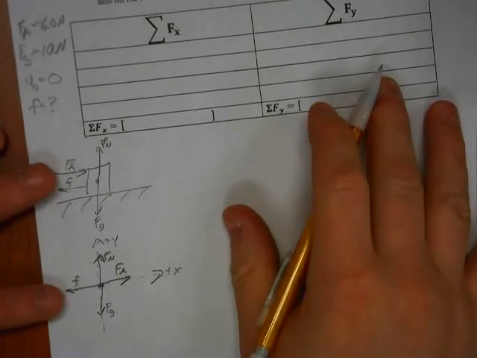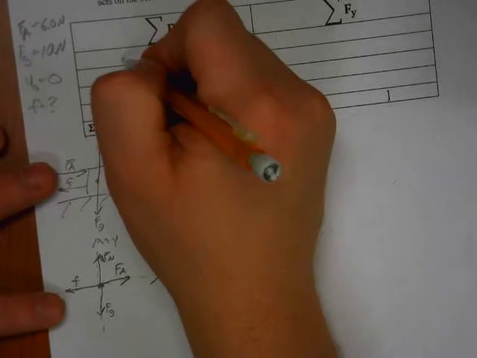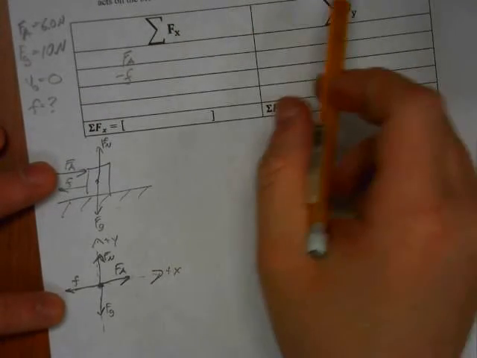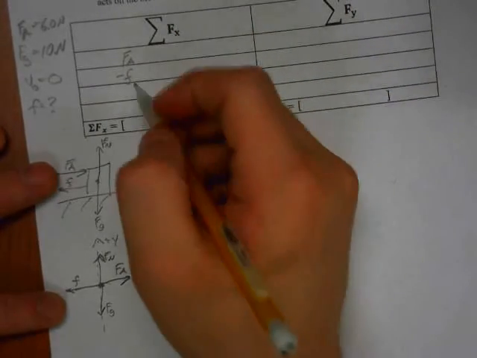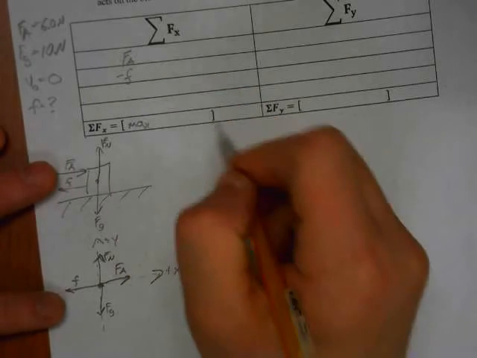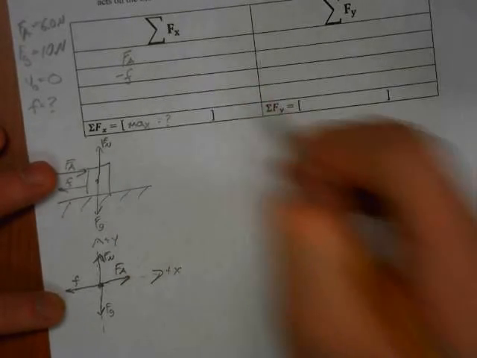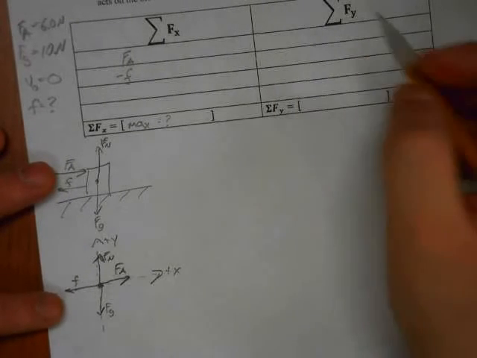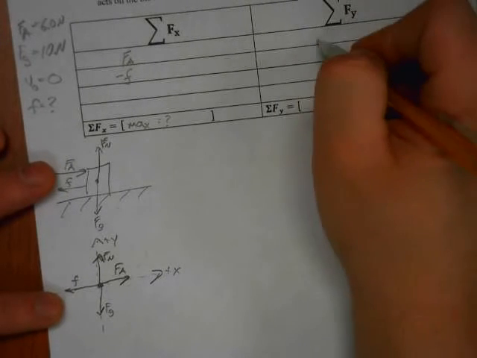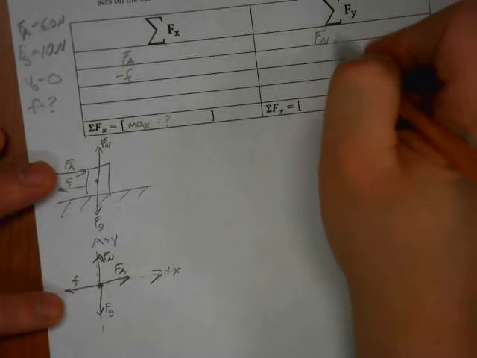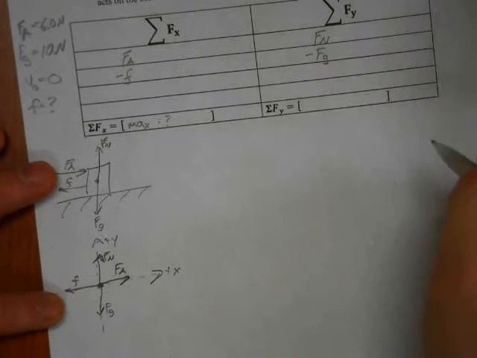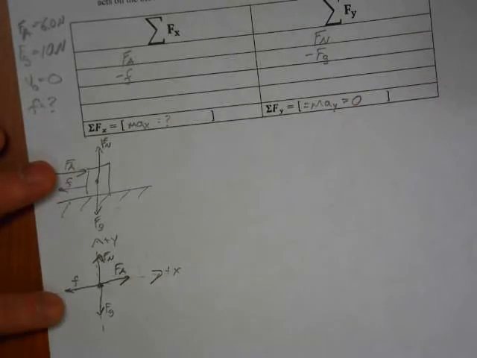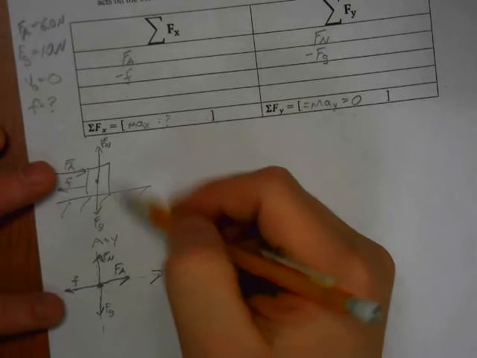So back to the chart, summing up the forces in the x direction. You have the force applied and you have negative force of friction, and the block is initially at rest, but we don't know if there's an acceleration right now because we have to find out if the block moves or not. In the y direction, we have the normal force and negative force of gravity, and this equals may, which does equal 0 because there's no movement in this dimension.